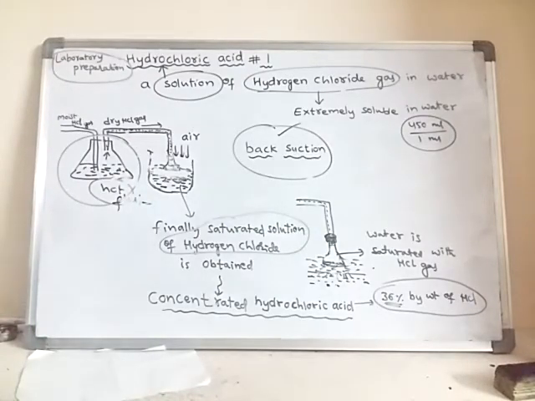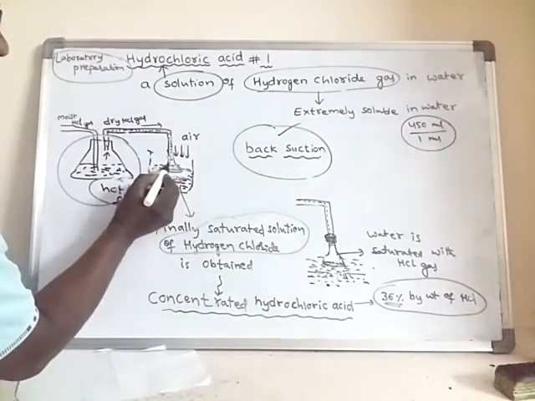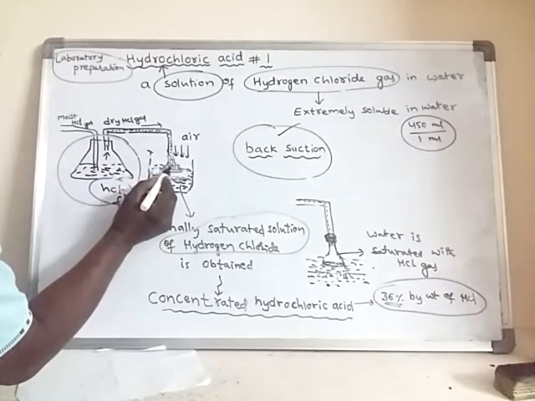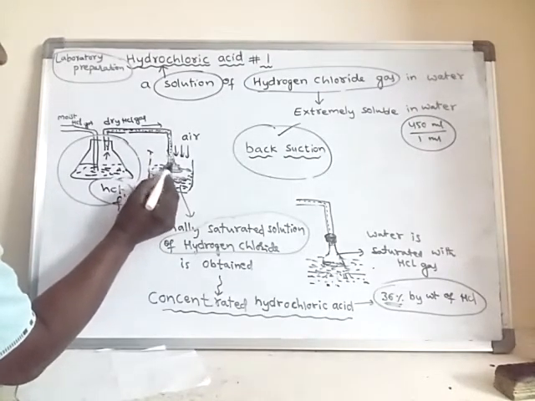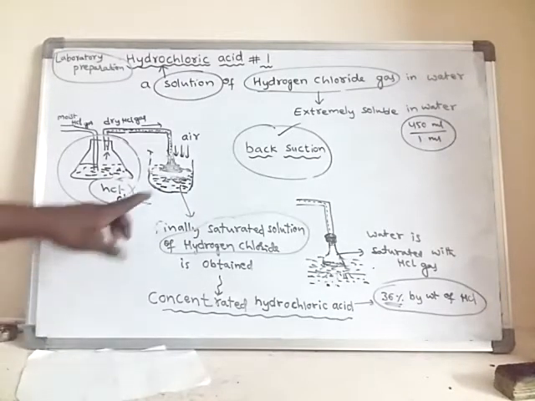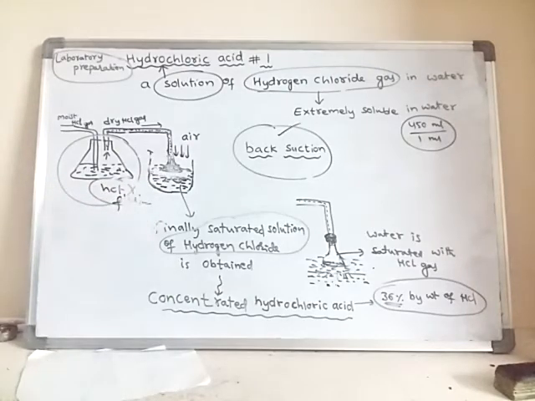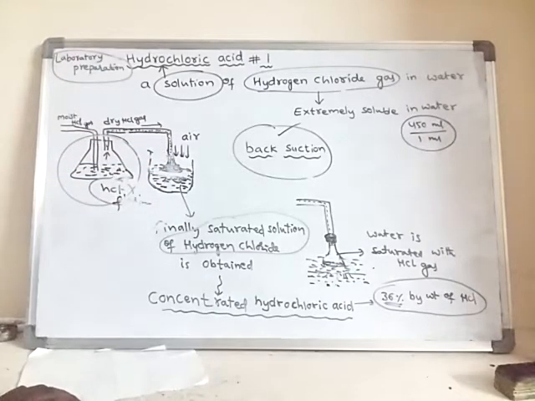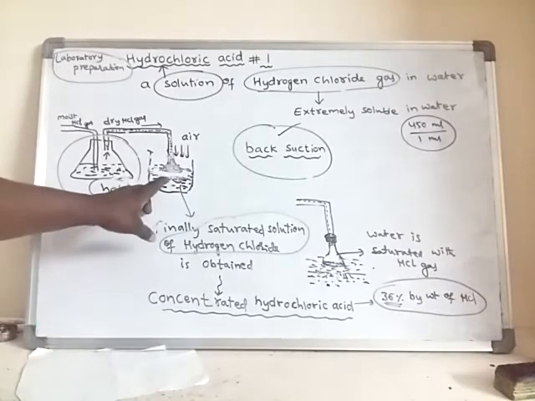And one more thing, this inverted funnel provides a large surface area for the absorption of hydrogen chloride gas. So a larger amount of hydrogen chloride gas can be absorbed. Hydrogen chloride gas is coming from here, and water is present here, so a large amount of the gas can be absorbed into the water to form hydrogen chloride solution.